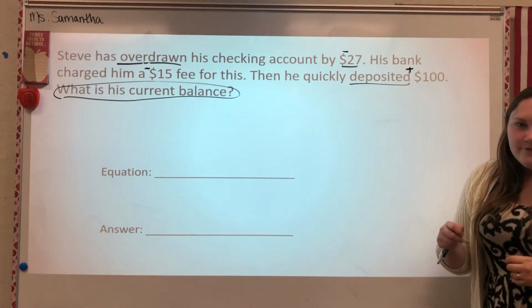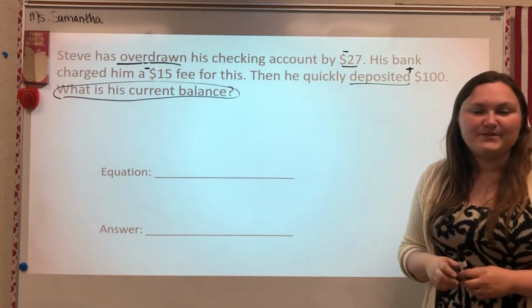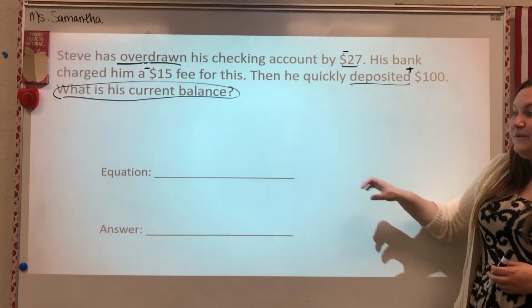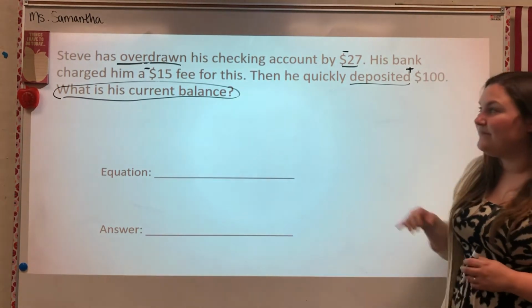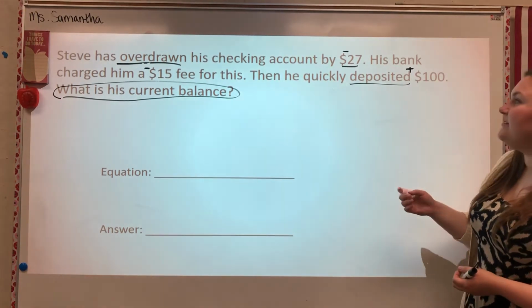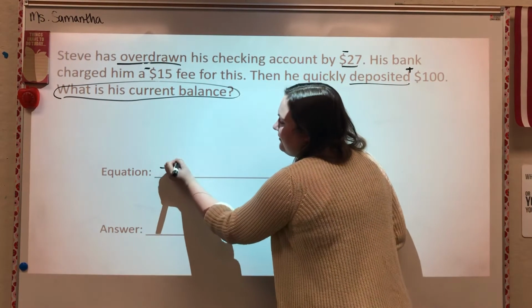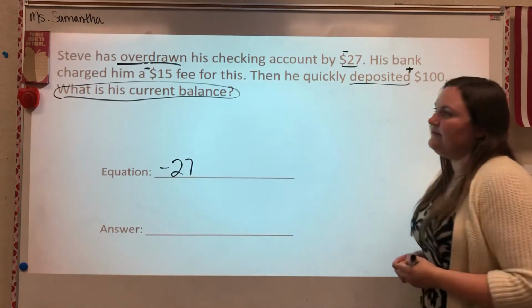One of the things I often recommend to students is just going through and indicating the sign of these numbers when you read the problem. It's really going to help you when you go to write that equation. So one thing we can do after reading through this is let's write that equation. We've got he started by overdrawing his checking account, $27.